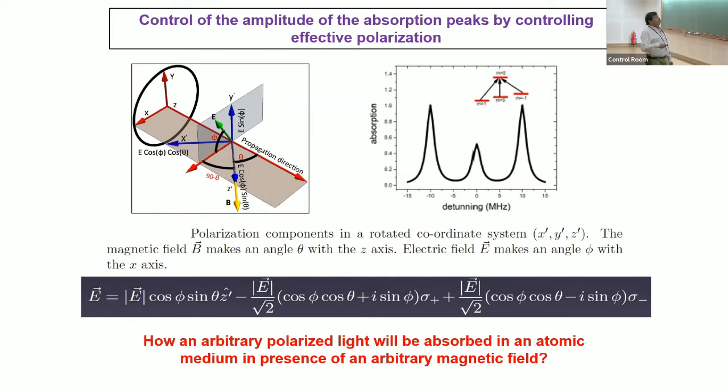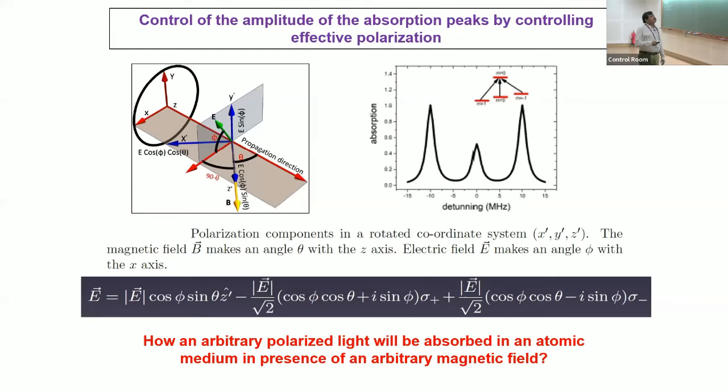So what we really want to find out is what happens when arbitrarily polarized light is absorbed in an atomic medium in the presence of an arbitrary magnetic field. So we make both of them arbitrary and see what the effect is on the absorptions that we know from our MSc days.